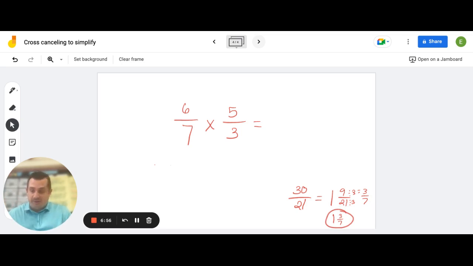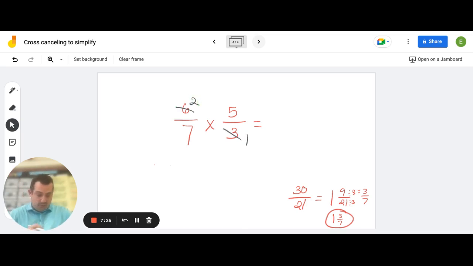Let's now cross cancel. If I cross cancel 7 and 5, there is no common factor between 7 and 5, so I can't cross cancel anything there. But 6 and 3, I can cross cancel because I know that 3 is a common factor. So 3 divided by 3 is 1, and 6 divided by 3 is 2.